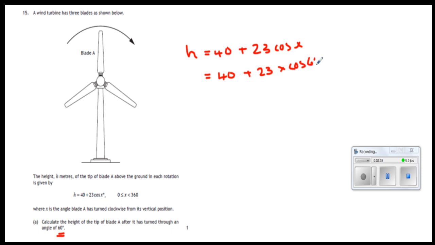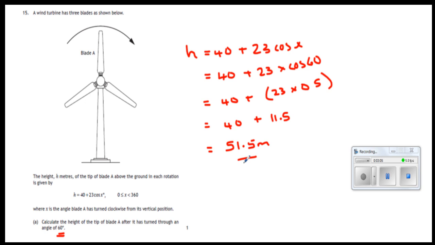Now cos 60 is a half, or 0.5. Multiply that out and you get 40 plus, and we want a half of 23, which is 11.5, add them together and we get 51.5 meters.